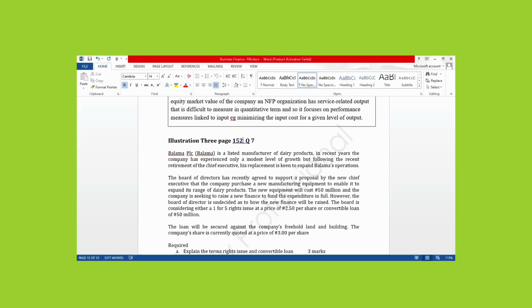The board of directors has agreed to support the proposal by the new chief executive that the company purchase new manufacturing equipment to enable it to expand its range of dairy products.